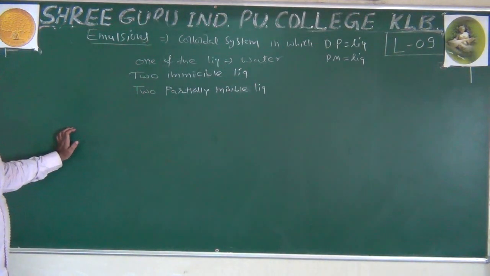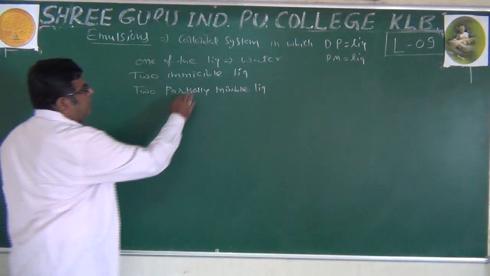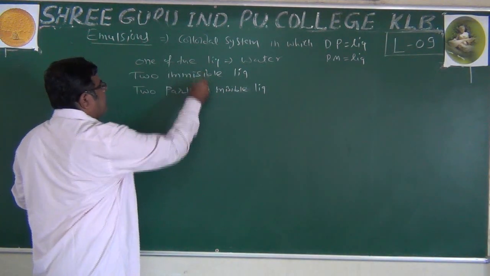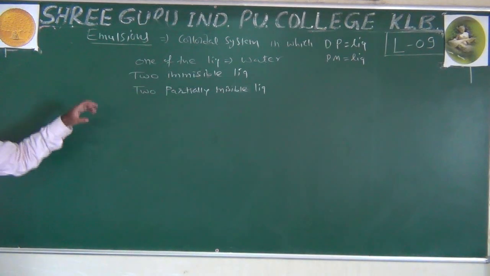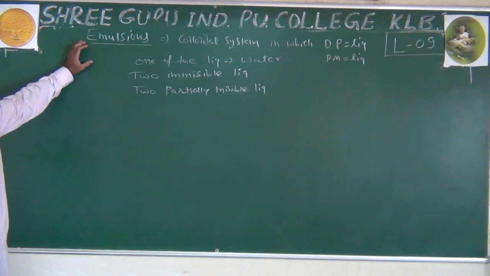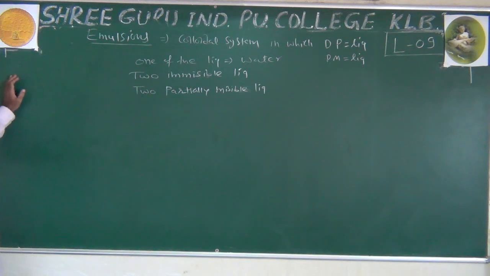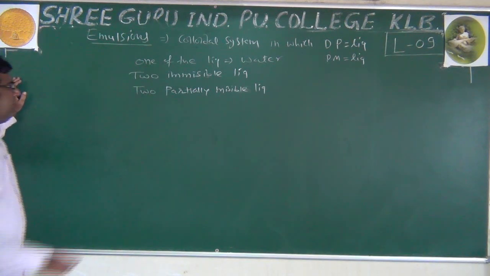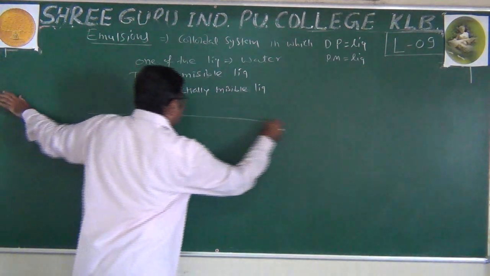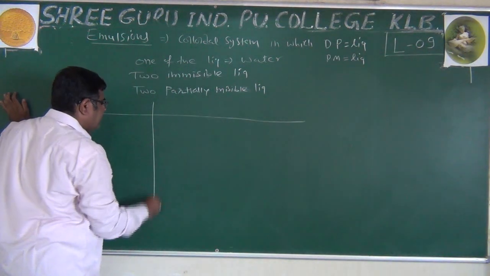Now when two liquids mix up and an emulsion is formed, there are two types. We will make a table here so that we can understand this.